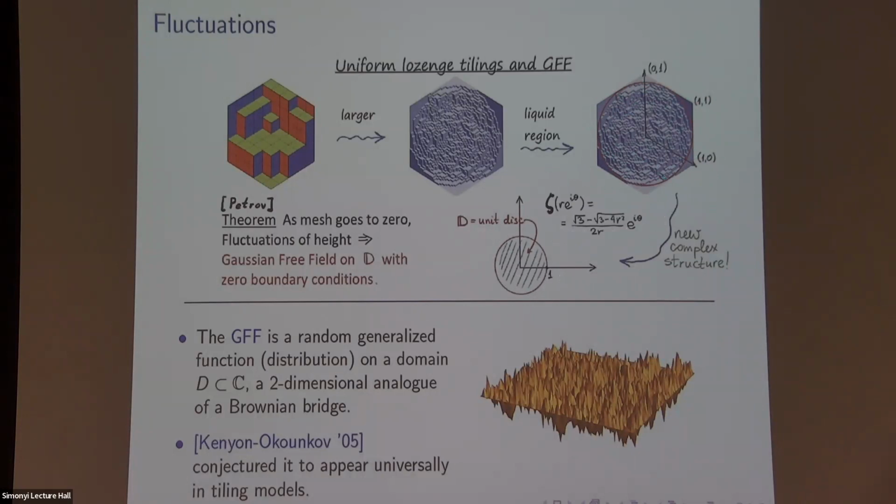Here it's written. It's not very important right now what it is. What is important is that it's not conformal. So when we map this domain to the unit disk, we change the conformal structure, we change the complex coordinates, and in this new conformal structure we get the Gaussian free field. It is simply not true that if we stay in the original domain, then we get the Gaussian free field. We need to change the conformal structure.